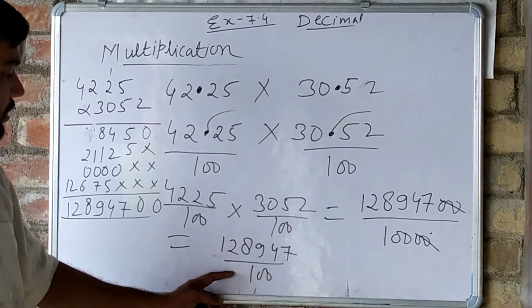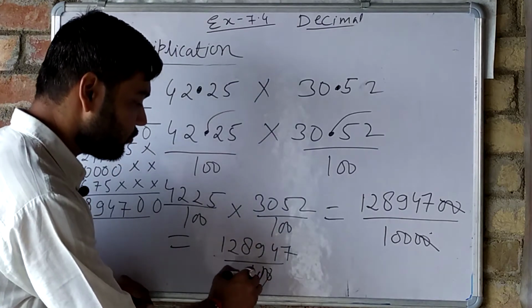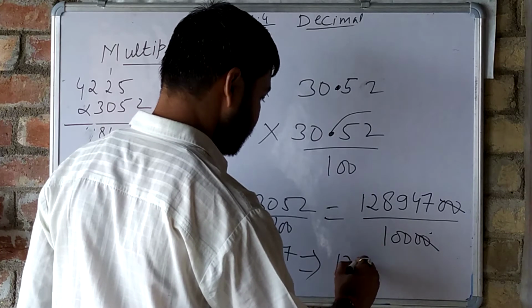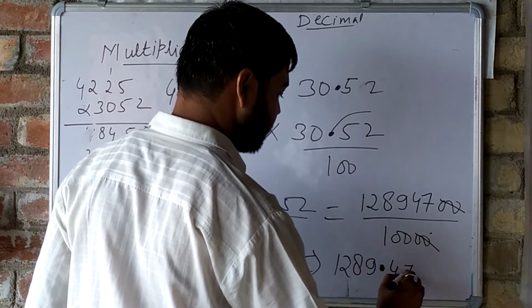When we remove the 2 zeros, the decimal will come 2 places before. So the answer will be 1289.47.